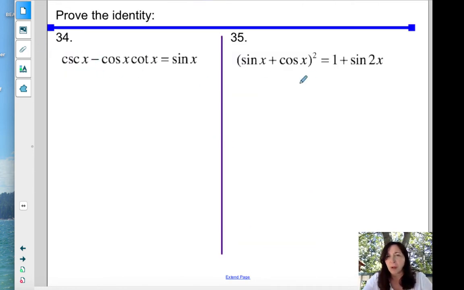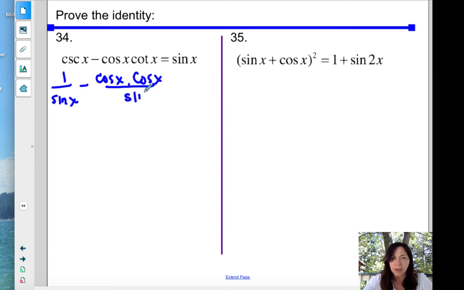So these problems right here are proving identities. For the first one, I'm going to transfer these to sine and cosine. So cosecant is 1 over sine of x, minus cosine is just cosine of x, and then cotangent is cosine of x over sine of x.